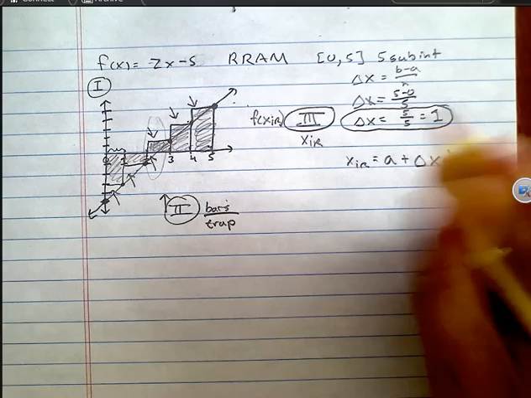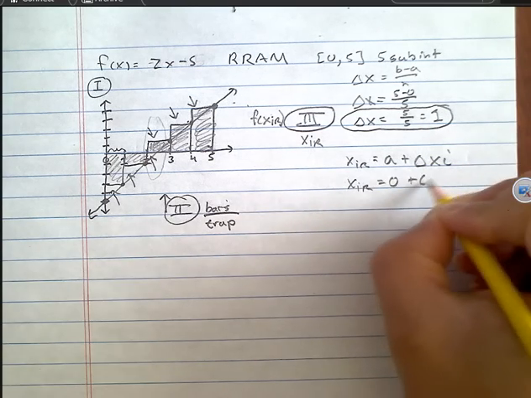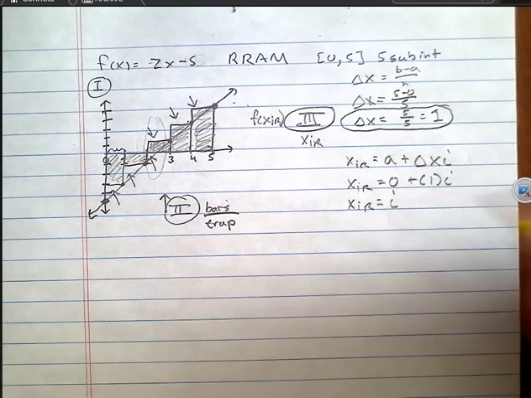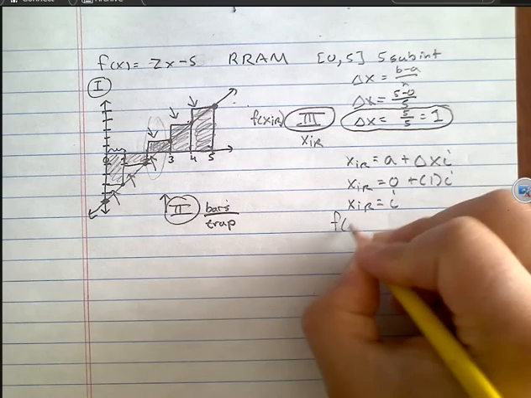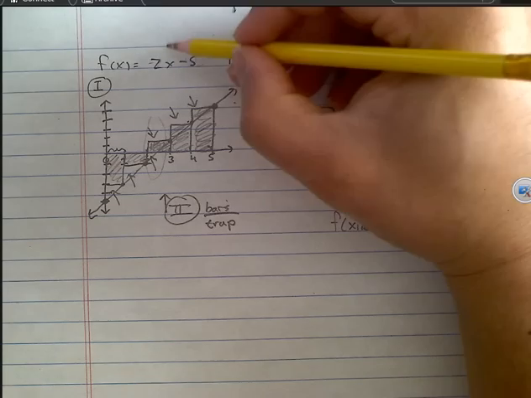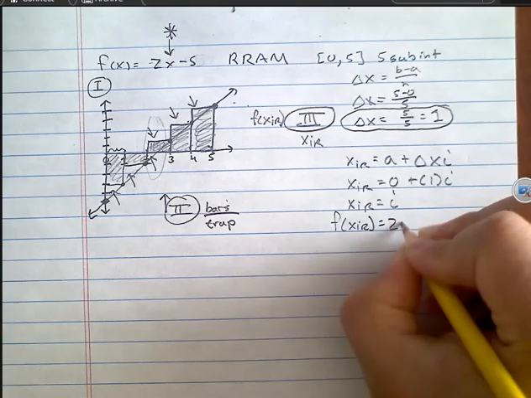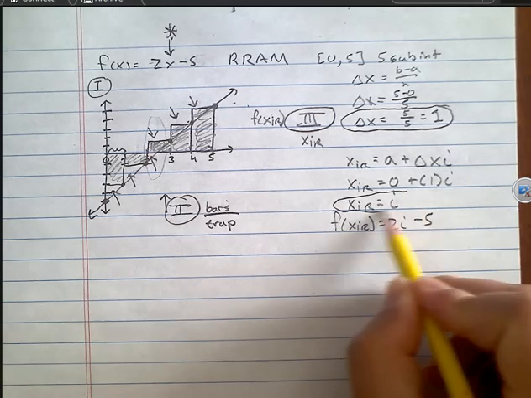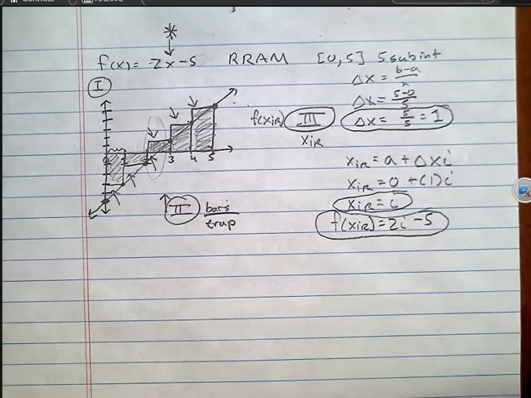This problem's easy because a is 0, delta x is 1, and so x of i R is equal to i. So basically I'm swapping the x with i. So for f of x of i R, I simply replace the x right here with i. So 2i minus 5. Alright, so this was important, circle it. This is important, circle it. Remember, every step is important, so you've got to circle this stuff. Alright?